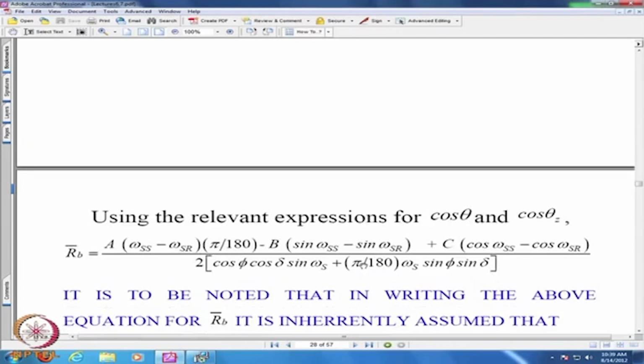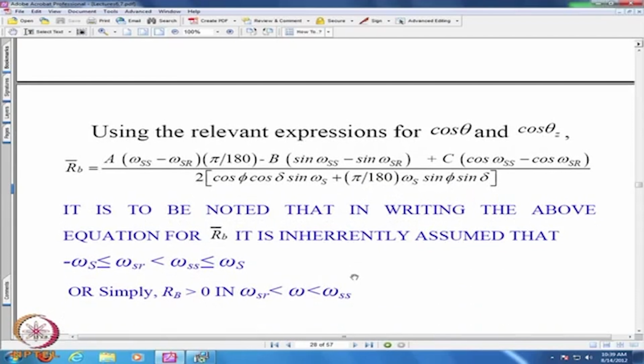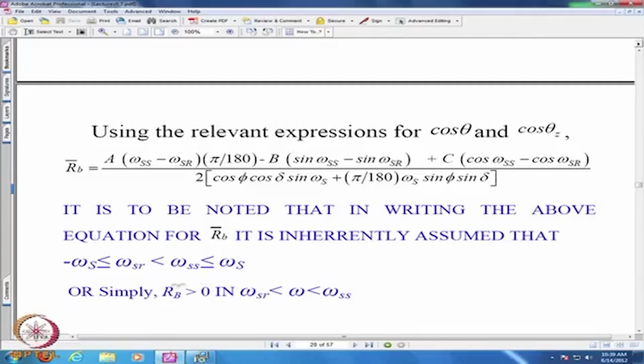Now, we made, without explicit mention or knowledge, an assumption that omega SR is lower than omega SS, or minus omega S is less than or equal to omega SR, less than omega SS, less than or equal to omega S. Let me give you a counter example.